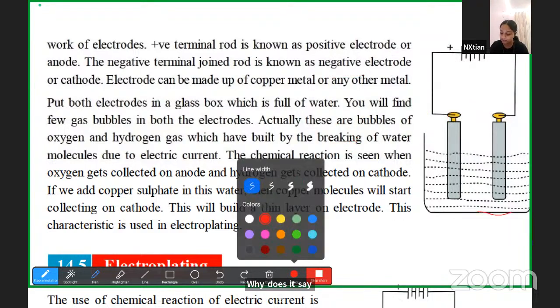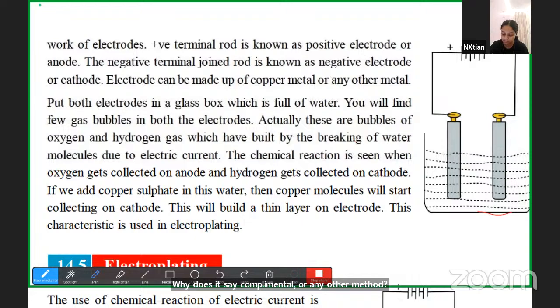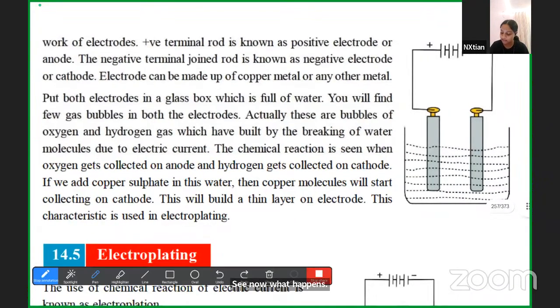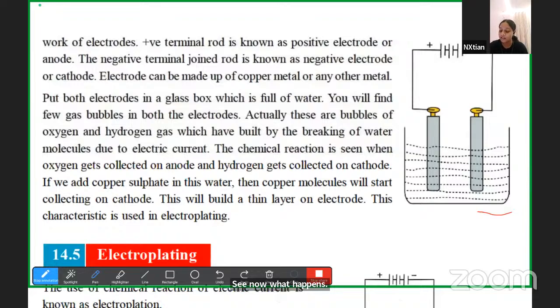See, here it is talking about this wire and this part of the copper rod. So it can be made with copper metal or any other metal that can be used to make it.